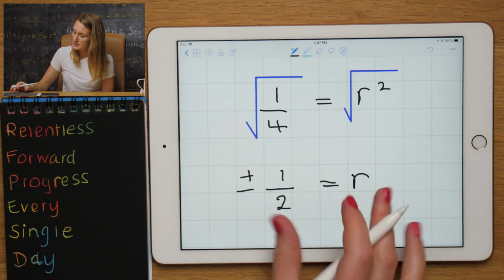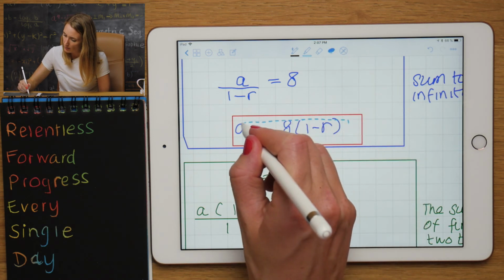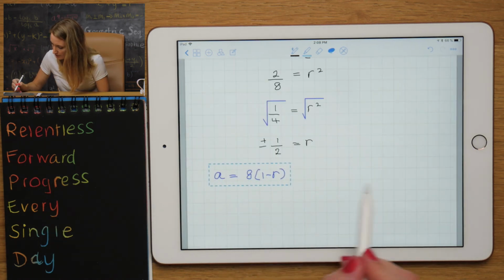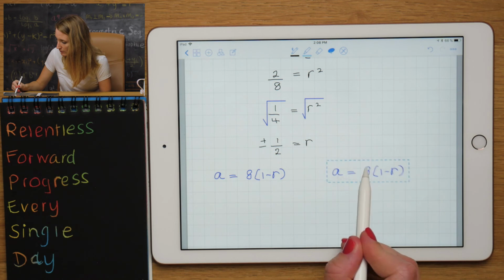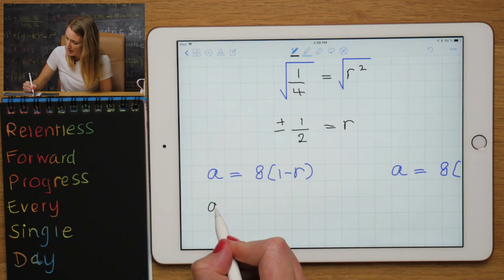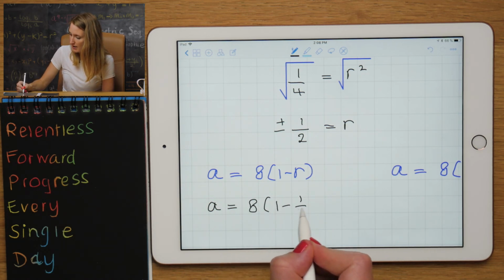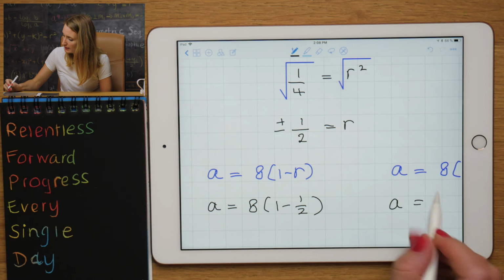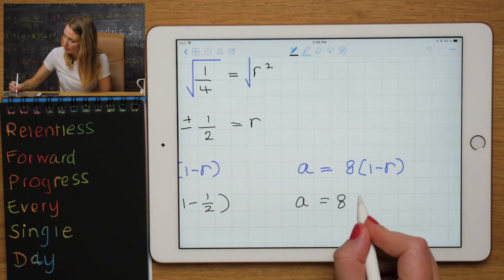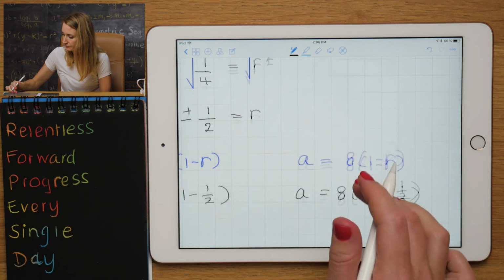So r could be plus or minus a half. All you need to do at that stage is go back to your a equation and get two different values of a, one for each r. So in this situation, a will be 8(1 minus positive a half), and over here a will be 8(1 minus a half) for the negative a half.